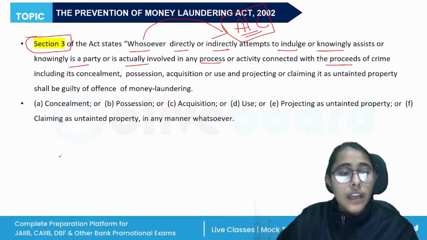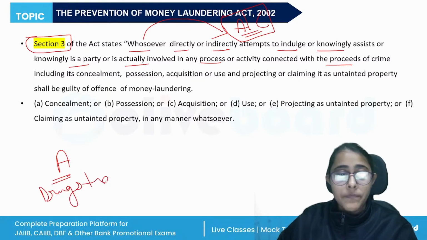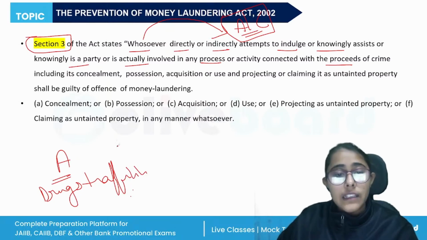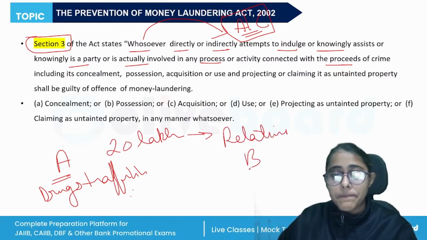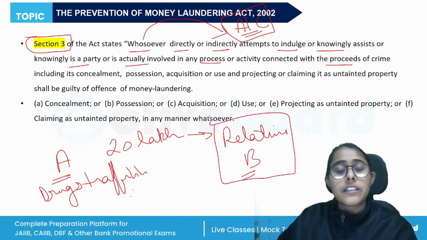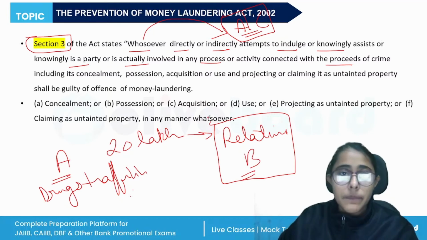All right. Let's say a person A was actually involved in a crime, like drugs trafficking, and they are generating illegal money out of it, right? Then they generated this money of 20 lakhs in cash and they credited this amount to their relative B. Now, if this person B knows that this money had been generated illegally, then they will be equally responsible and they will be given the punishment, like the jail term, imprisonment, right?